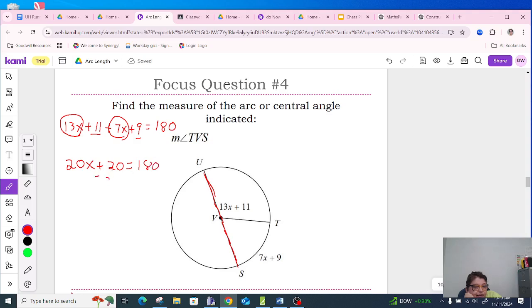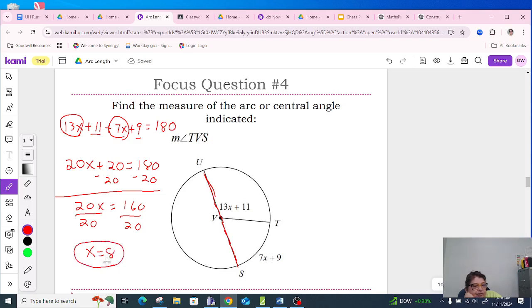So I subtract 20 and then I divide by 20. Am I done with just x equals 8? I am not. I get the answer, but what did it ask for?